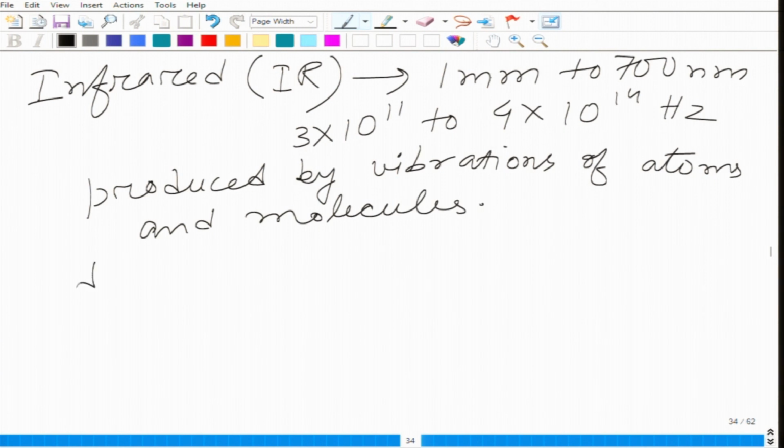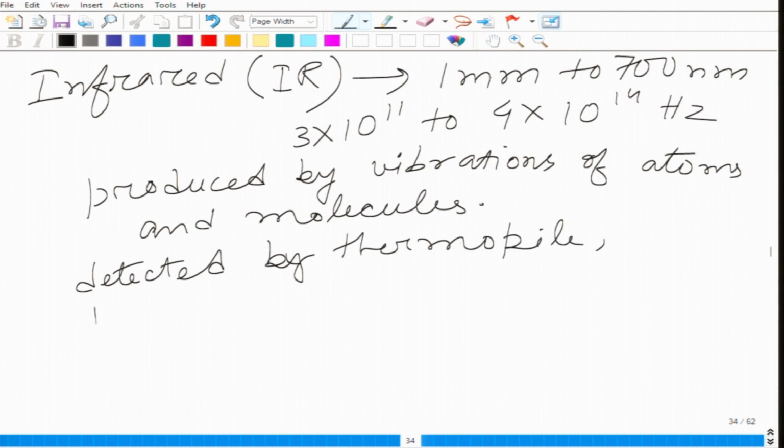IR is detected by thermopile, bolometer, etc.